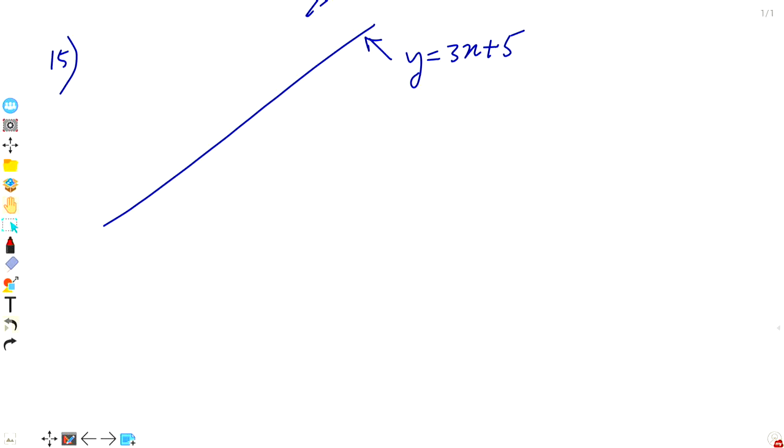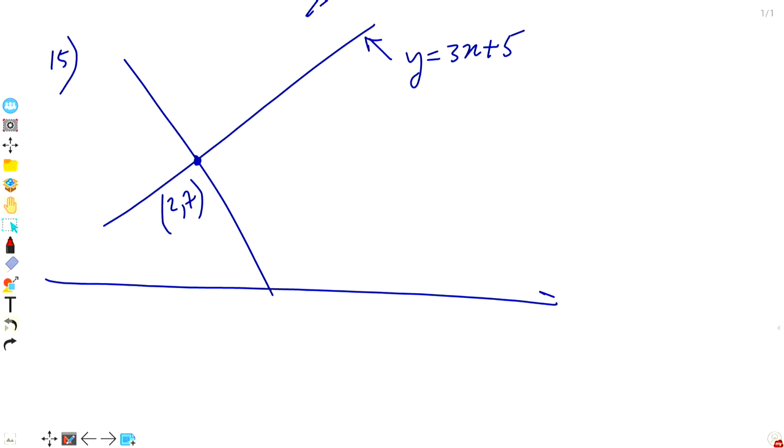The new line intersects the first line at the point (2, 7). The new line intersects the x-axis at the point (9, 0). This is your x-axis, here it's going to be 9.